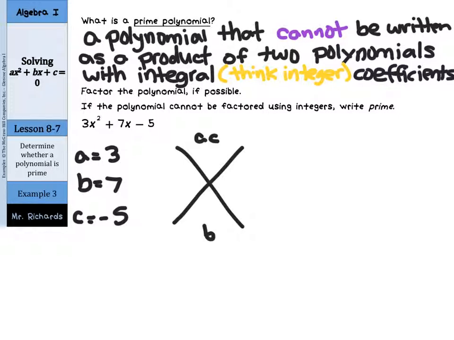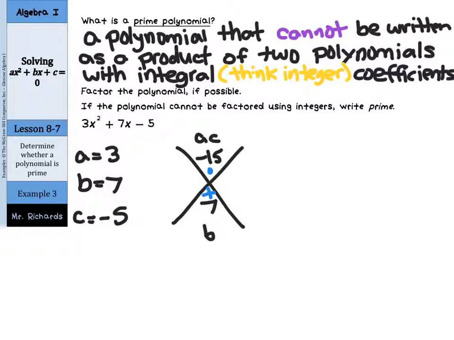3 times negative 5 is negative 15. And our B is 7. So we're looking for two numbers that multiply to be negative 15 and add up to be 7. Well, if we look at our factors, we know one's going to have to be positive and one's going to have to be negative, a positive times a negative to get a negative, and that the positive is going to have to be bigger to get a positive 7.